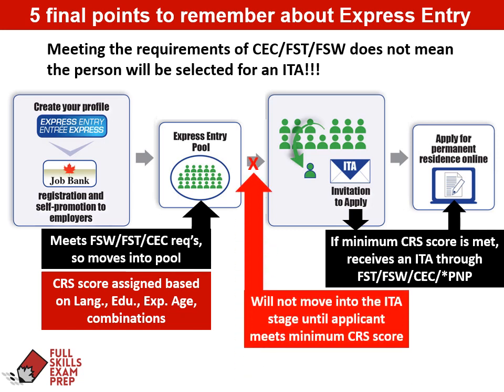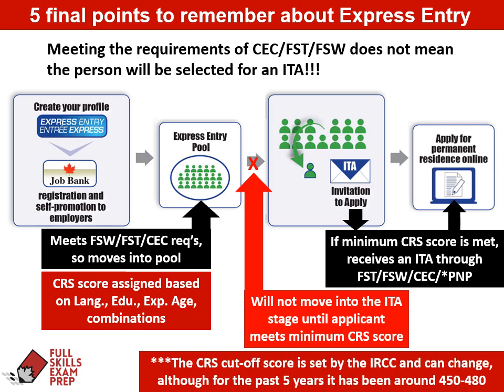This is the part that can be a little bit tricky for some people to understand, and that is if the person doesn't have that minimum CRS score or higher, they will not move into the next step. So they will not receive an invitation to apply. And when we take a look at procedures in general and how the CRS score is set, it's the IRCC.